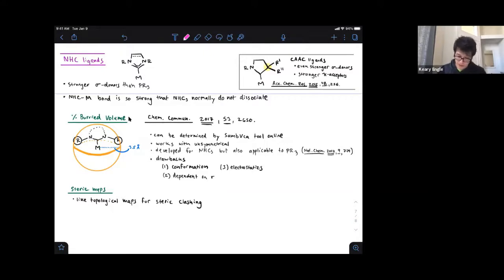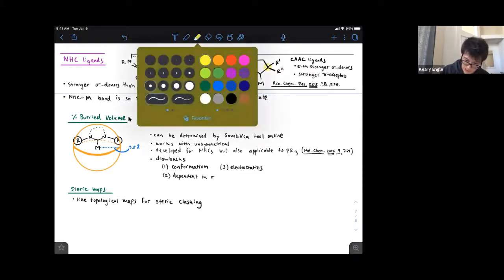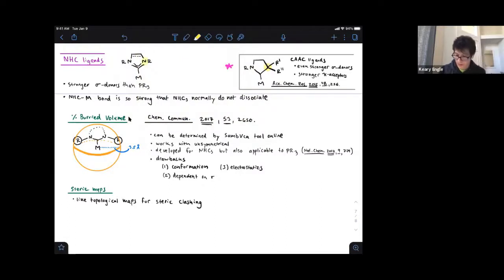And then because we're in San Diego, I should also highlight that there's another family of ligands called CAACs, which are cyclic amino alkyl carbenes, where one of the nitrogens of the NHCs has been replaced by a tetrasubstituted carbon. So this juices up the HOMO, making it an even stronger sigma donor.